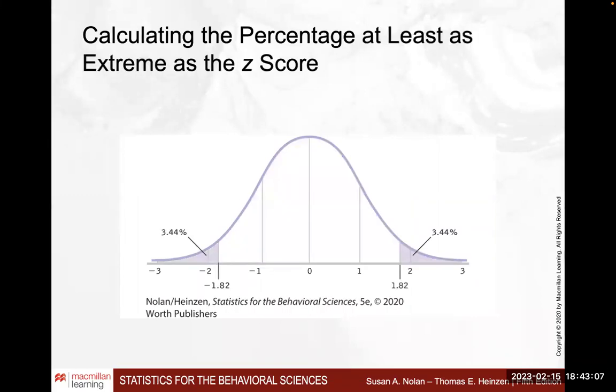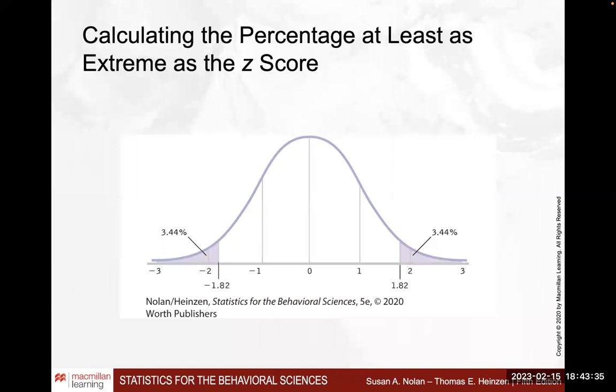If we were to quantify the individuals with a height comparable in its extremeness, we would need to take the 3.44, keeping in mind that the normal distribution is symmetric, and basically mirror this to the positive STAT scores.